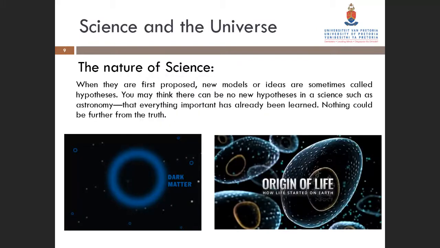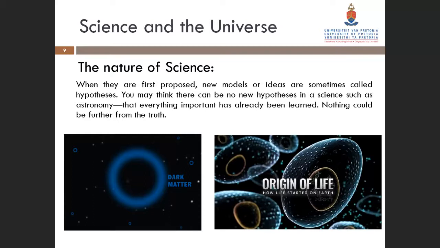When they are first proposed, new models or ideas are sometimes called hypotheses. You may think there can be no new hypotheses in a science such as astronomy, that everything important has already been learned. Nothing could be further from the truth. Some of the new questions we are asking ourselves are: what is dark matter? And what is the origin of life?